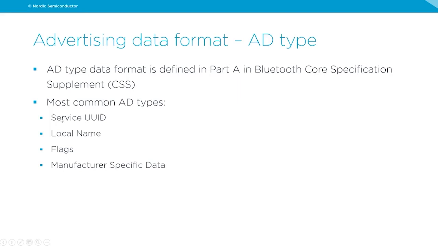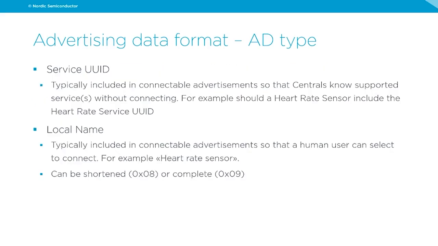The most common ID types we can find in an advertising packet are service UUID, local name, flags, or manufacturer specific data. For example, service UUID is typically included in connectable advertisements so that the central node can see the supported service without connecting.